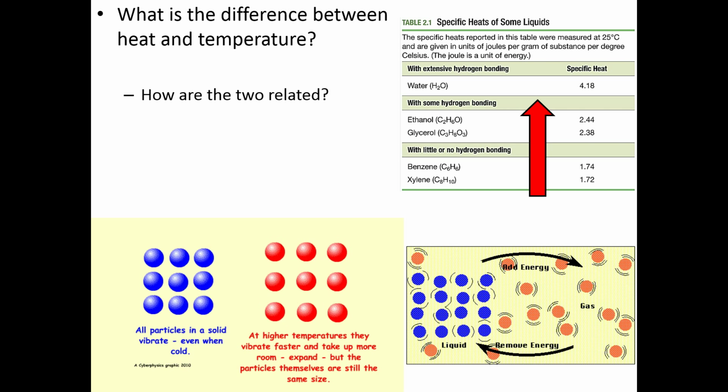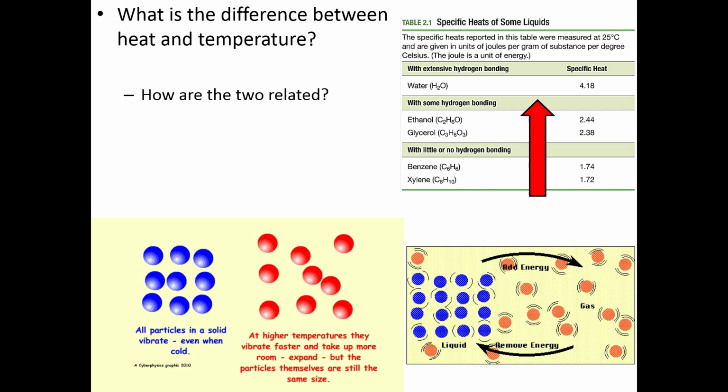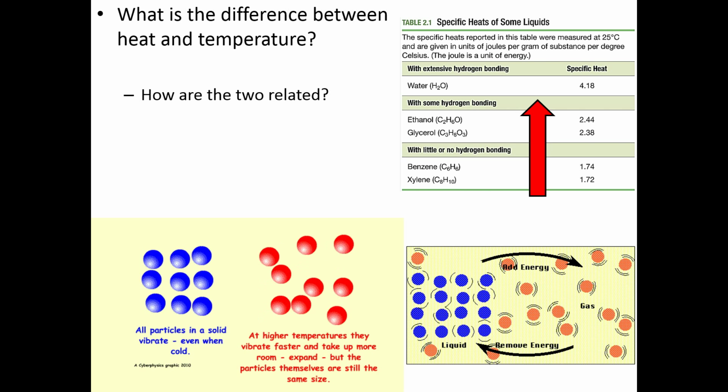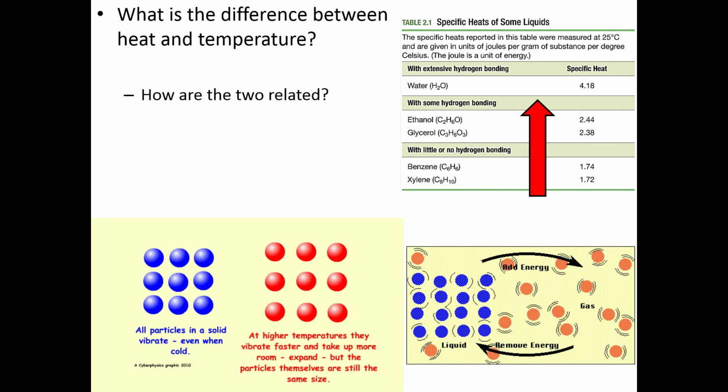But heat is actually the vibration and the movement of molecules. Molecules inherently have their own vibrations. The chemical bonds that hold together atoms vibrate back and forth, like springs.